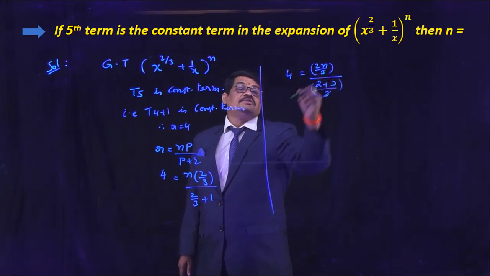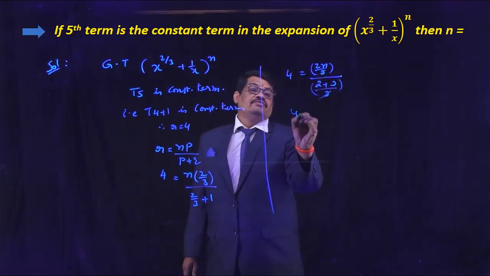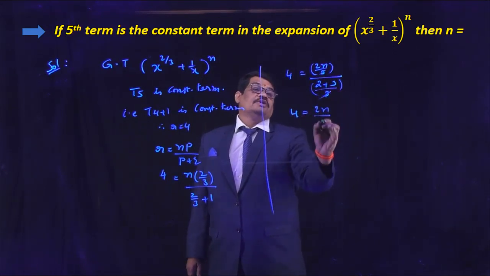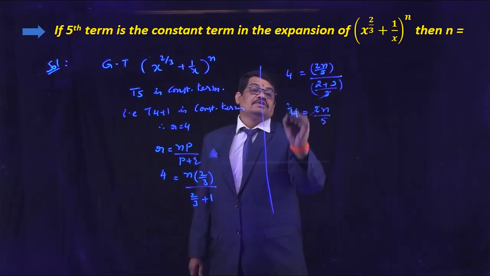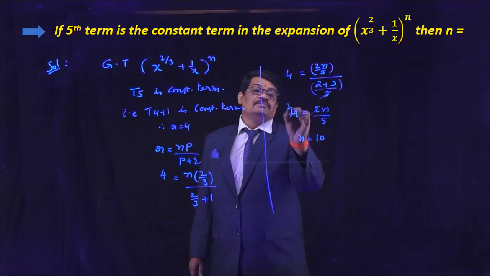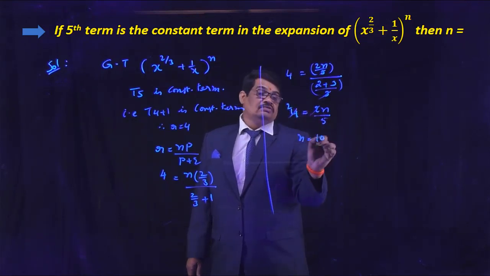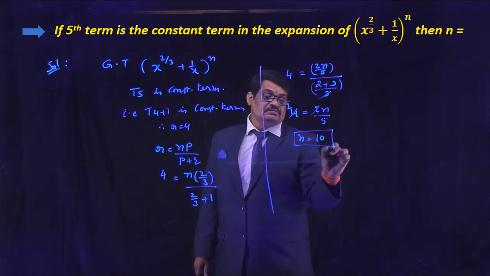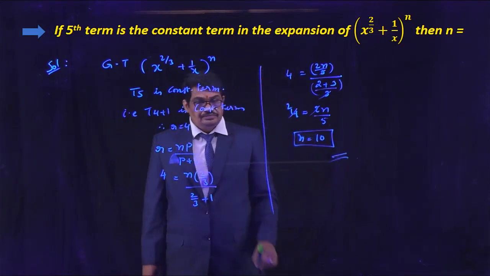So the 3 will be cancelled. Here 4 is equal to 2n by 2 plus 3, 5. 2 is cancelled. Here n is equal to 5 into 2, that is 10. So we are getting n is equal to 10. The value of n is 10.